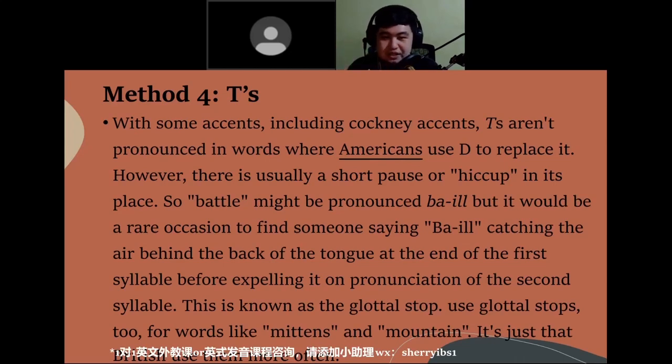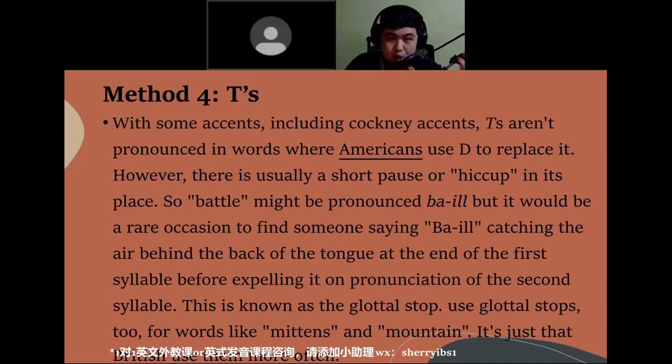As you could see, the T's are removed. In "battle", you catch the air behind the back of the tongue at the end of the first syllable before expelling it on pronunciation of the second syllable. So there's air held behind the tongue. This is known as a glottal stop.